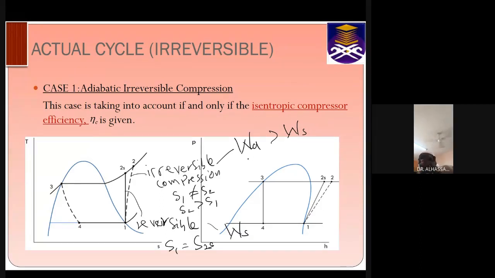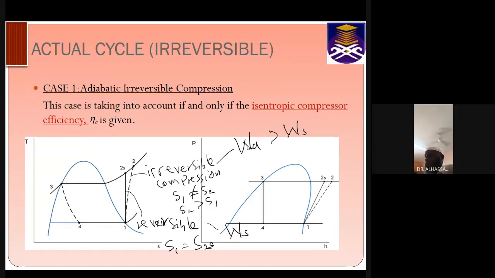Friction plays a very large role in the irreversibility of a system. So the main cause of irreversibility of a system is friction. High friction means the compressor will not have enough power, so you have to supply more work for it to compress the fluid, and by this means it consumes more energy.